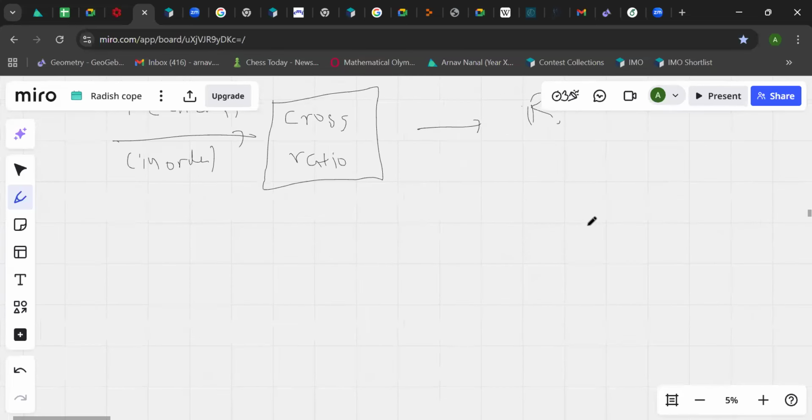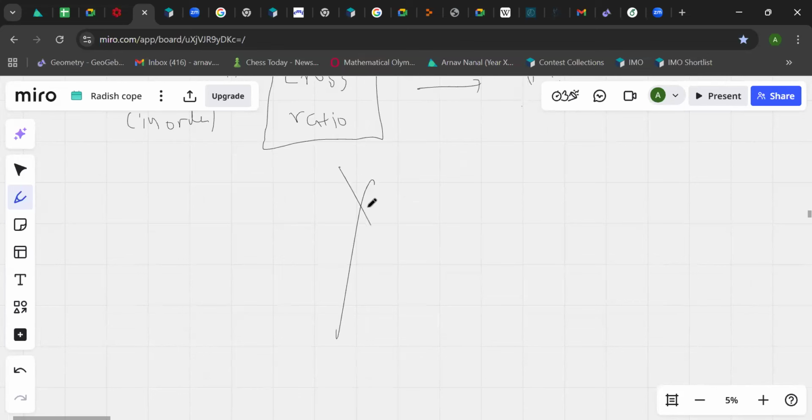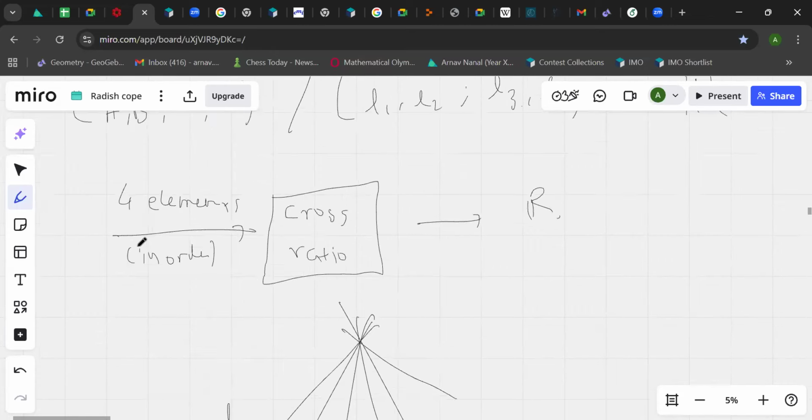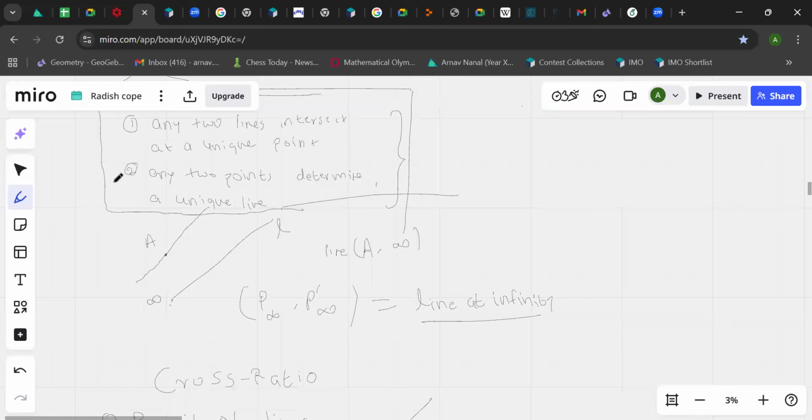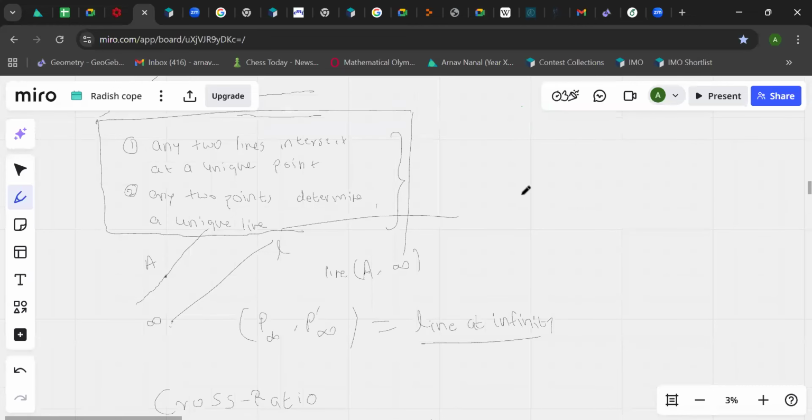Now, a cross ratio on a pencil. Let's say you have lines L1, L2, L3. For now, in this thing where we define points and lines at infinity, I want you to be very clear that after this point, P infinity and L infinity are nothing special.